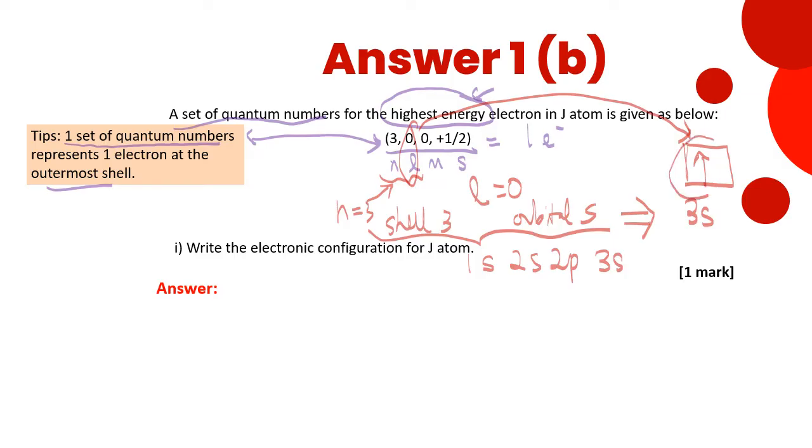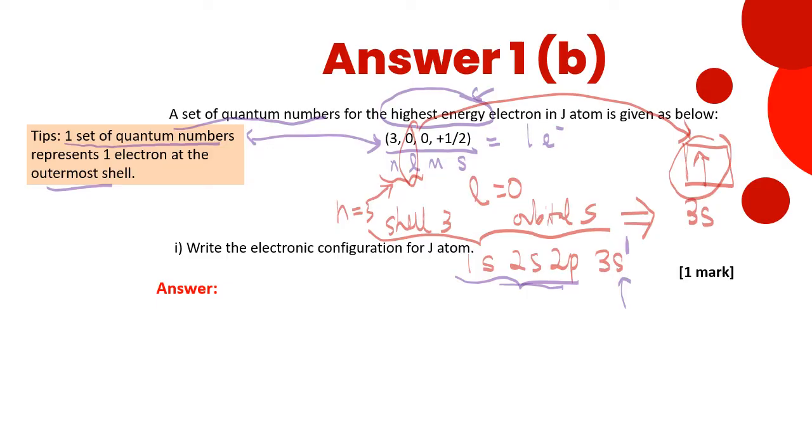Because there is only one electron in 3s, we write 1 here, and the rest must be fully filled, because according to the Aufbau principle, we must fill all the lower energy levels before we get to the orbital with higher energy.